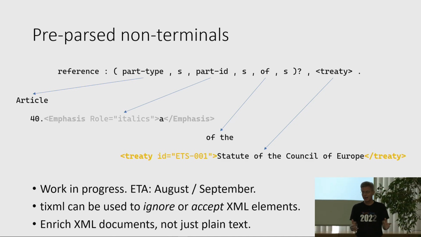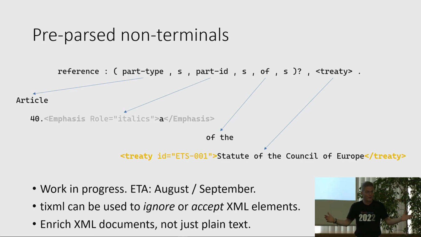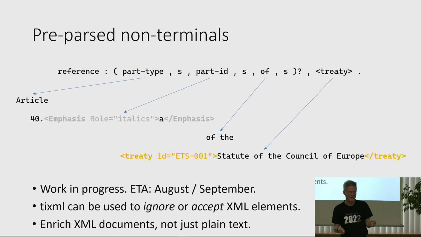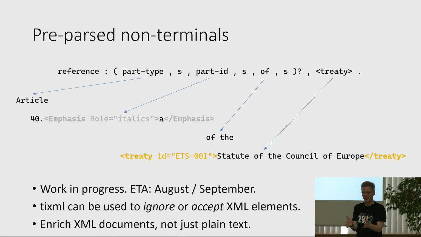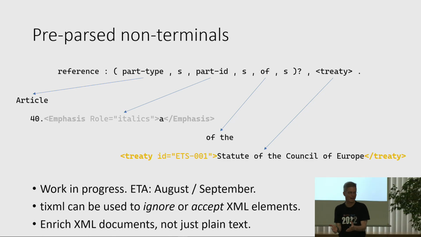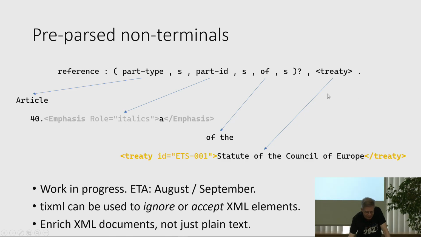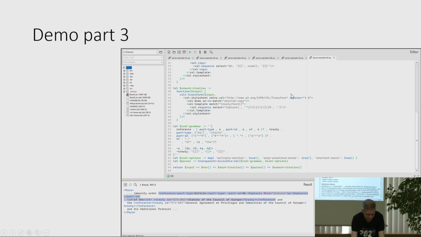And there's a lot of XML documents out there, well, I wouldn't say much more than just plain text, but we really like those documents, and until now, invisible XML could not really enrich those, but with this edition, it can. So, last demo.